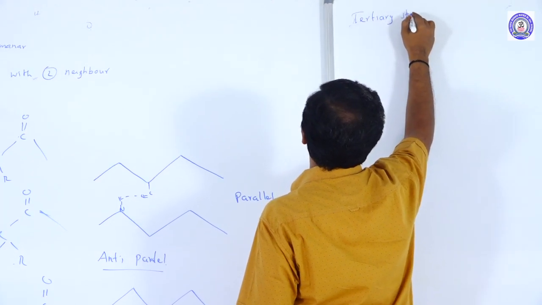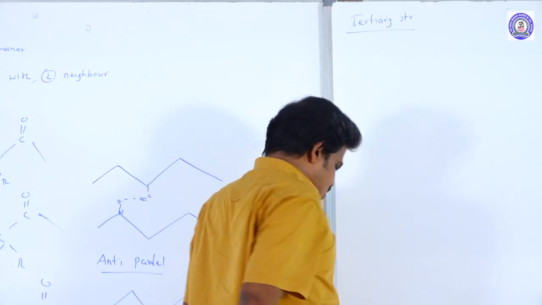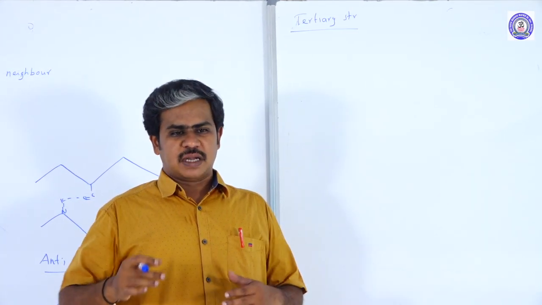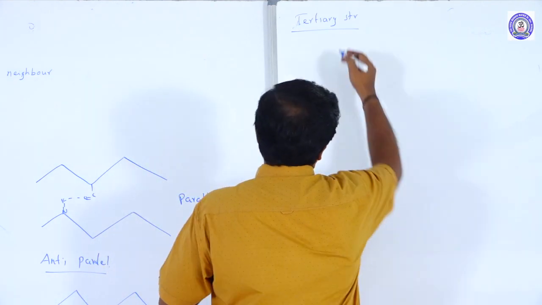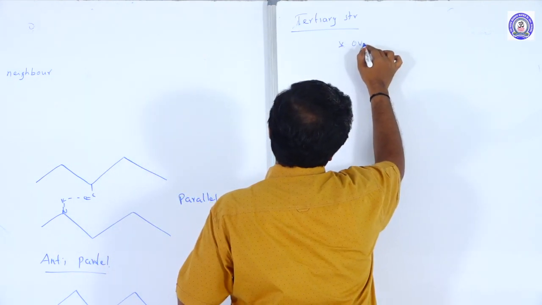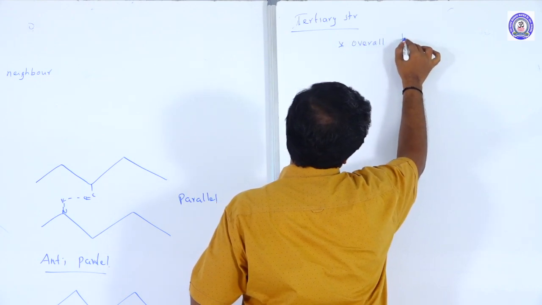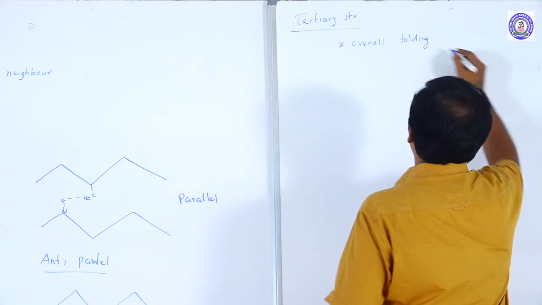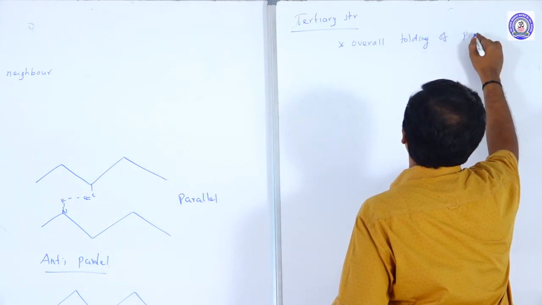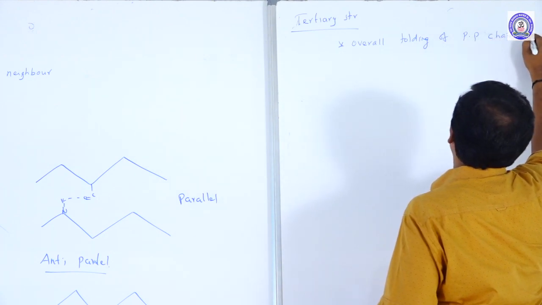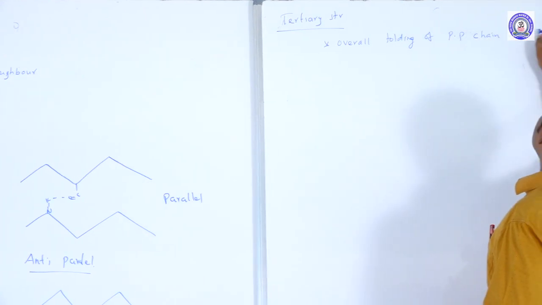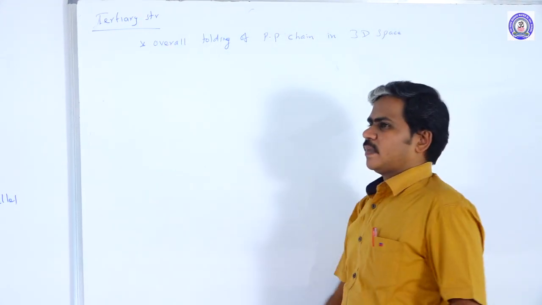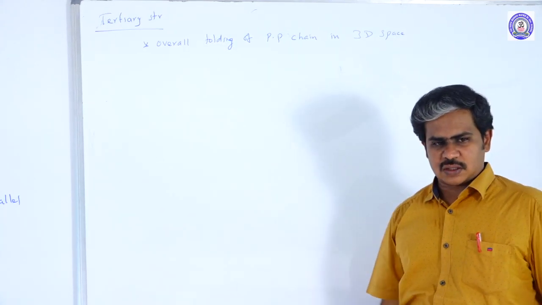This tertiary structure represents the overall folding of the polypeptide chain in three-dimensional space. Then it represents the tertiary structure.